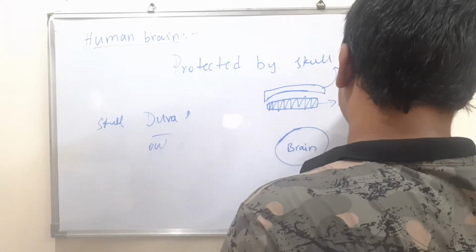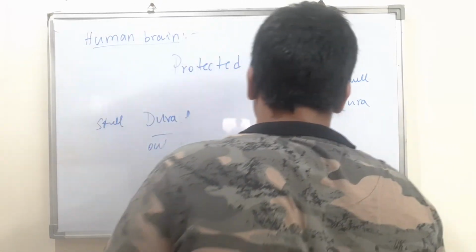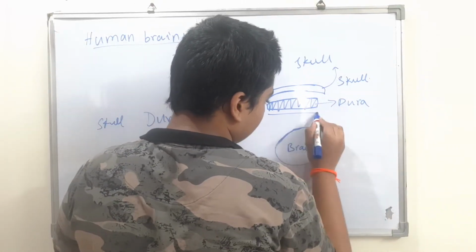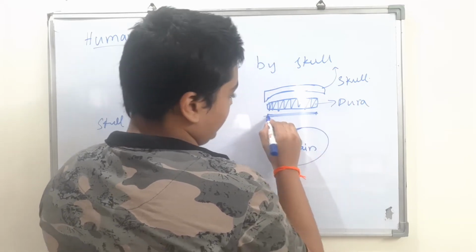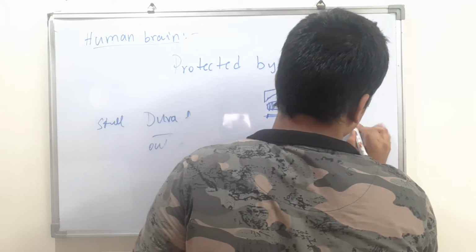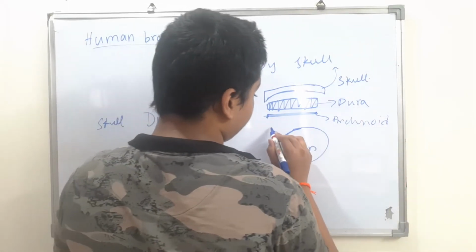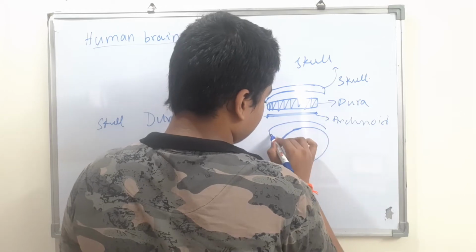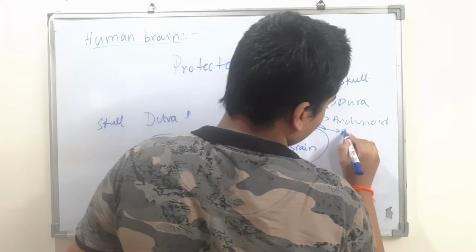Below the dura mater we have the arachnoid. Below this we have our pia mater.